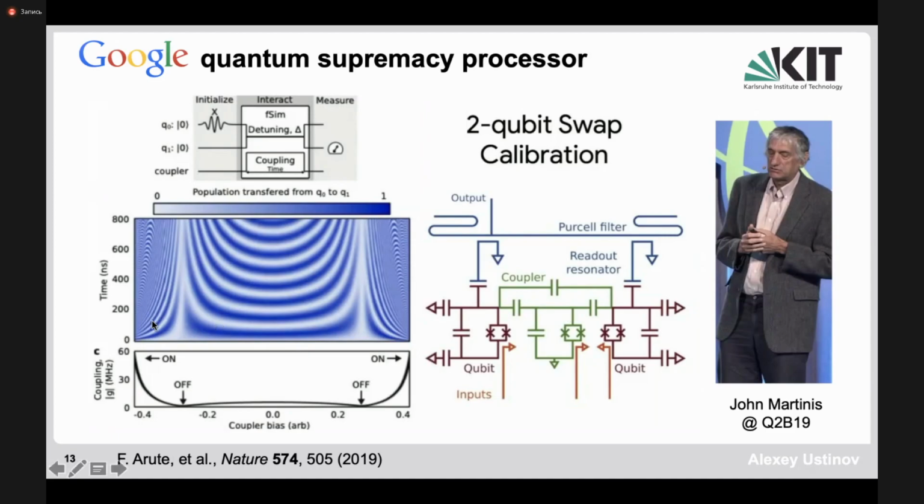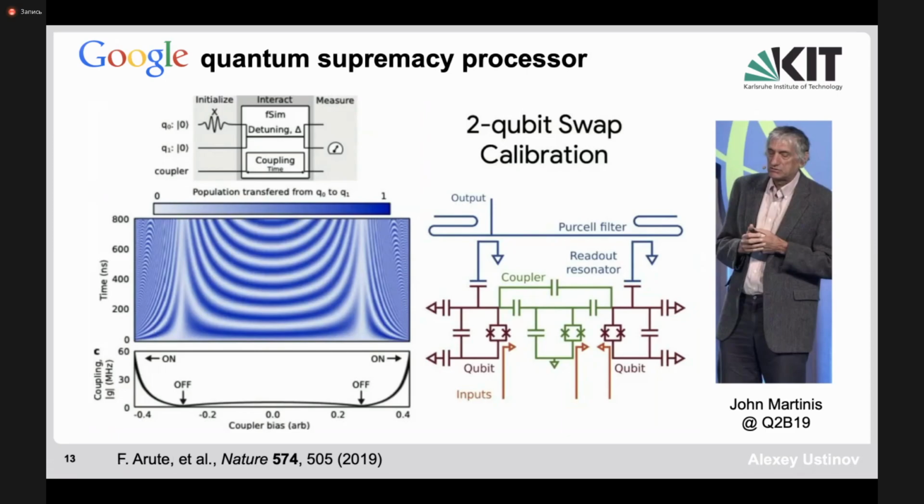Вот здесь вы видите измеренные своп-осцилляции между кубитами. В этой точке и в этой точке связь была равна нулю, то есть осцилляции не было. В интервале между ними связь была слабенькой, а правее и левее связь была очень сильная, потому что период осцилляции был очень коротким.